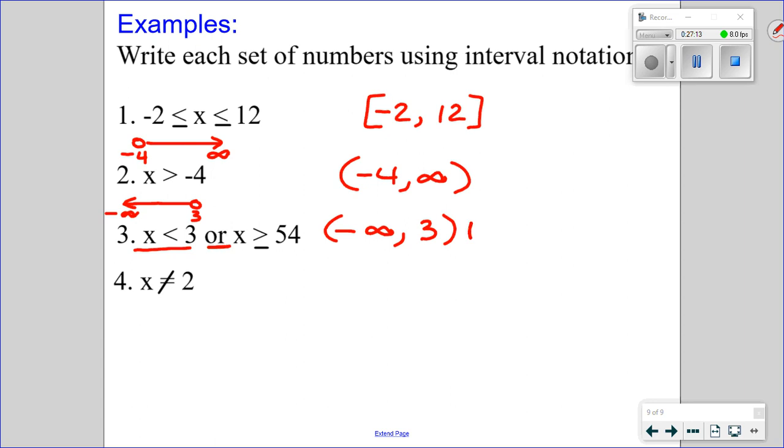Or, so that's where we're going to use that U symbol, x is greater than or equal to 54. So in this case, it would be a closed circle on the 54, and the arrow would go to the right, to infinity, so it would be a bracket 54, comma, infinity. And parentheses, of course, we always use parentheses for negative infinity and infinity.